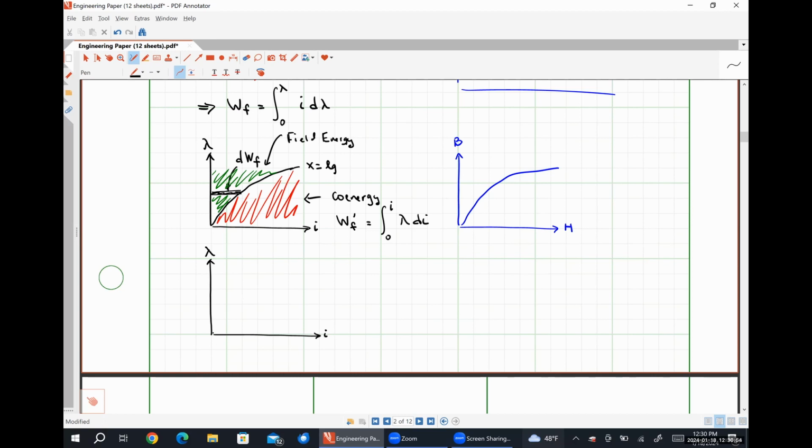So for one particular air gap length, LG1, if we made that gap length larger than that, it's going to wind up actually looking kind of linear. So the direction here is increasing gap length.